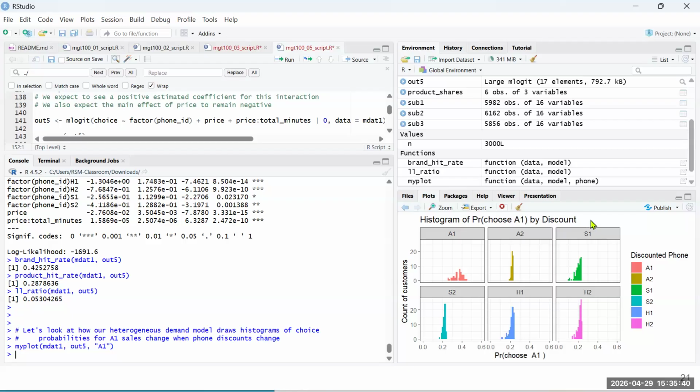And that's because, do you remember with that beach example, there was always going to be that indifferent customer in between the two vendors, right? People bought from the vendor closest to them. And that's basically what's going to be driving these one-sided distributions. We're graphing the probability of choosing A1, and there will be some point where everybody above that point is better off buying something else. So that's why we get more of a regular looking, two-tailed distribution on A1, and more of a one-tailed distribution on the others.